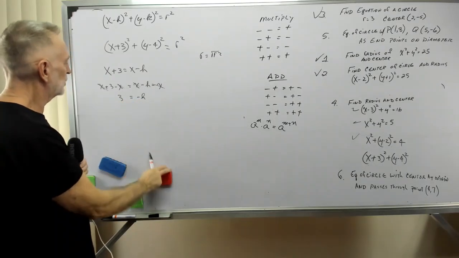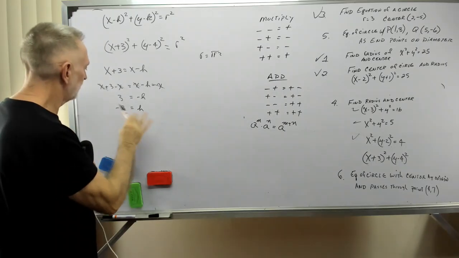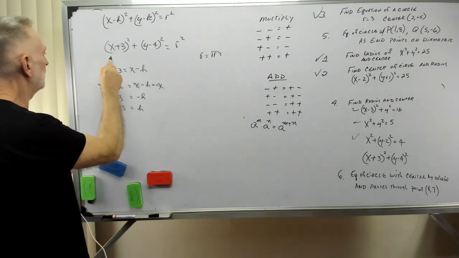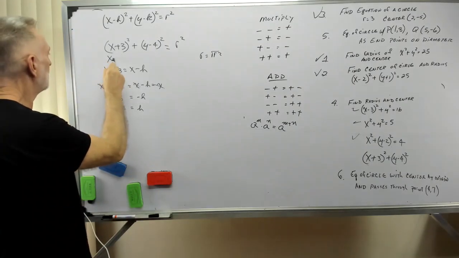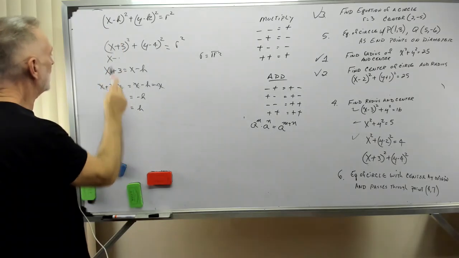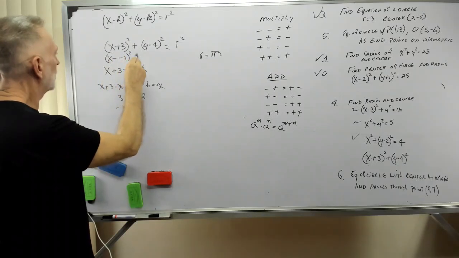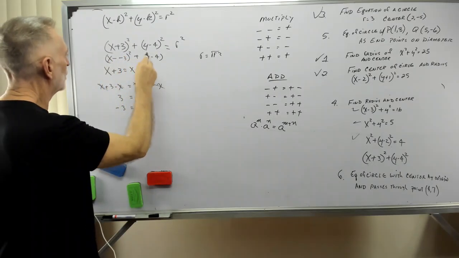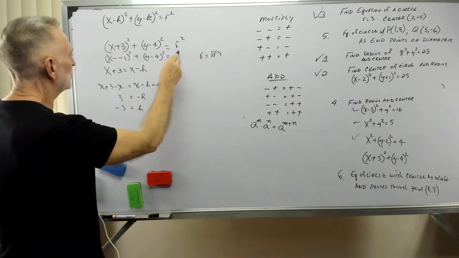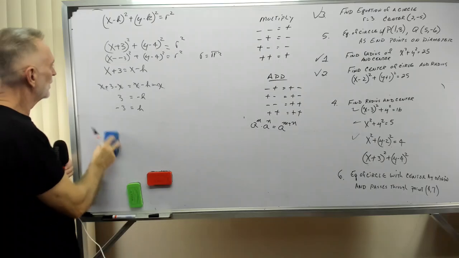Multiply both sides by negative 1, so I get negative 3 equals h. Okay, what does that mean? I have x minus, so I'm trying to get into my formula, and h is a negative 3. Squared plus (y minus 4) squared now equals, I forgot to write my r down, so anyway, equals r squared.